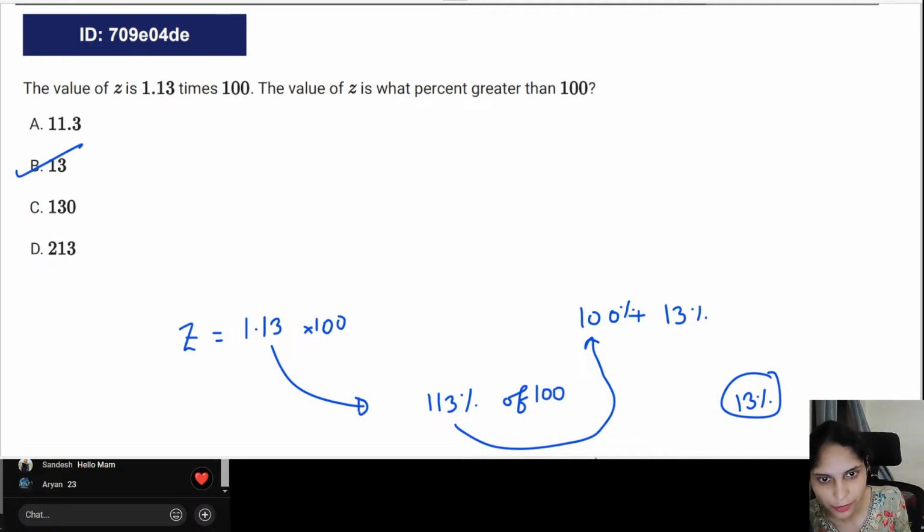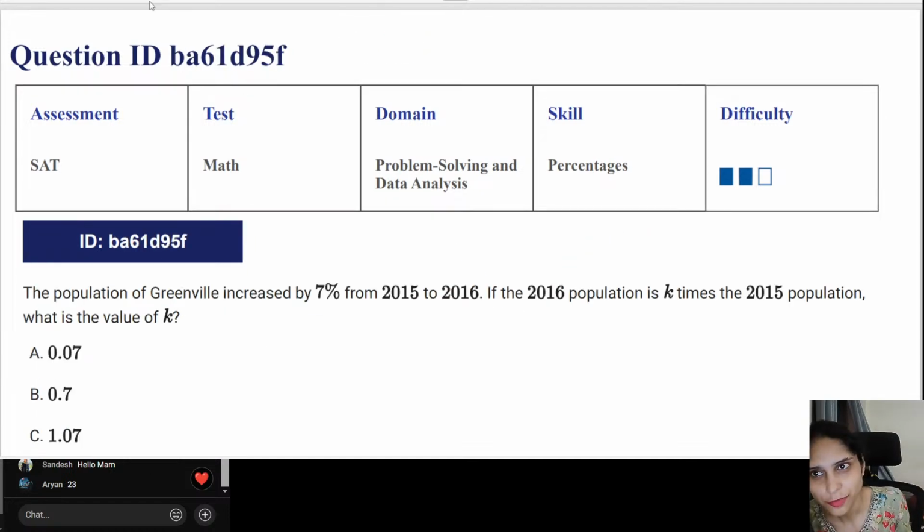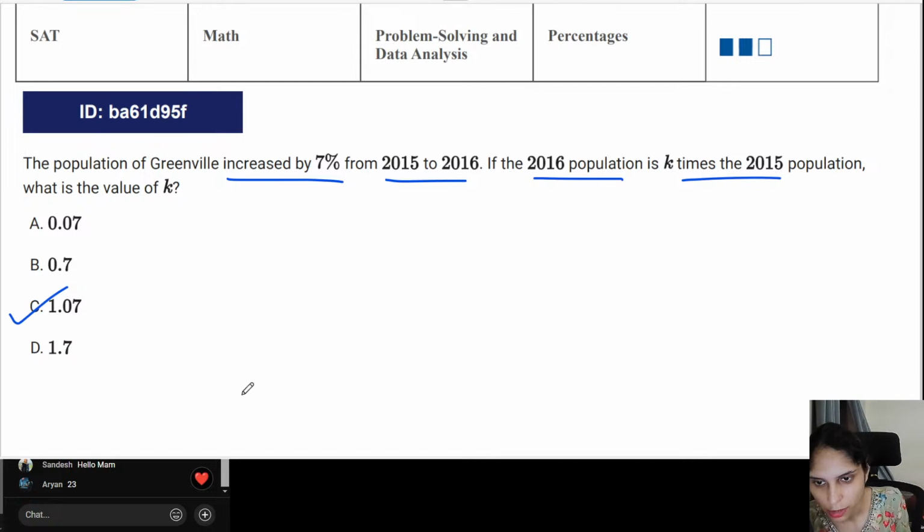Next is question number 24. If you know this part, then everything becomes easy and it is just the repeated question. Population of Greenville increased by 7% from 2015 to 2016. 2016 is k times 2015. The answer is going to be 1.07, because 7% means 0.07, and you are adding that to 1. That also you can do.